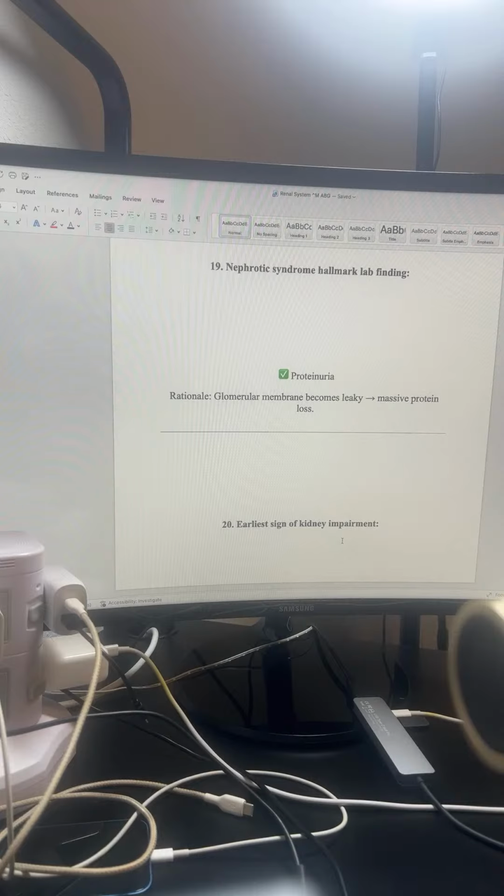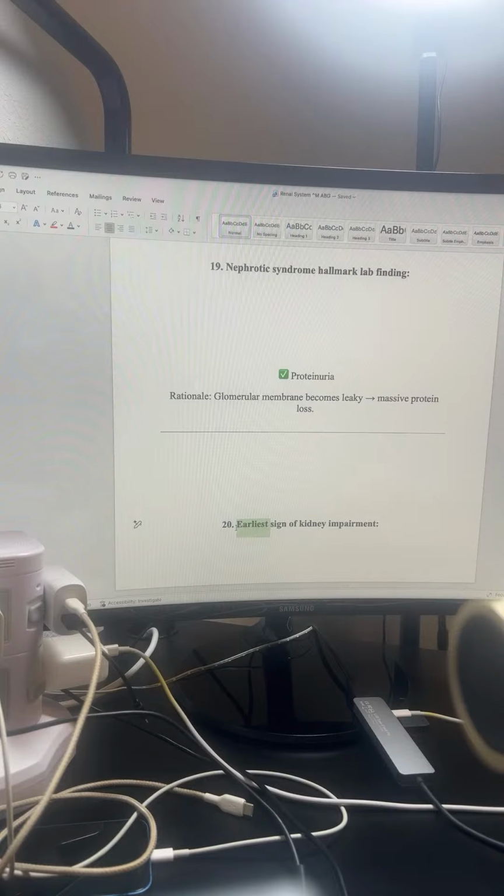Earliest sign of kidney impairment. What's that? What are some early signs of kidney impairment? Oliguria. Creatinine, the slightest change in your creatinine.